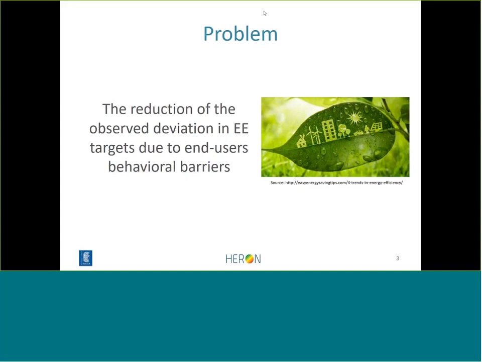The problem started when we were writing the proposal of the HERON project, and we understood at that time that the problem was how to reduce the observed deviation in the energy efficiency targets and attributing this deviation to the end user's behavioral barriers.